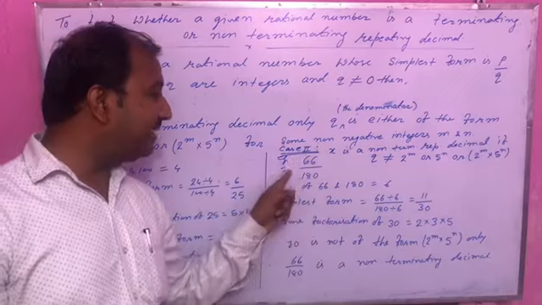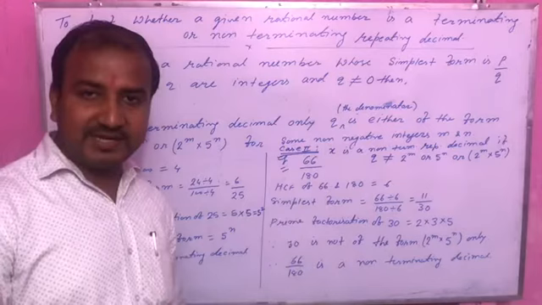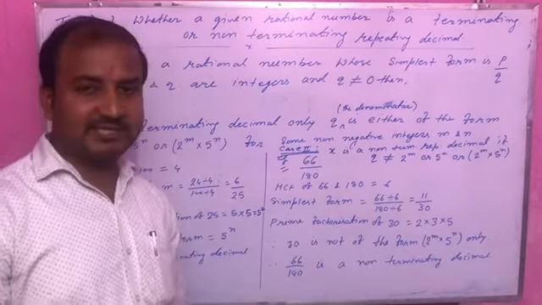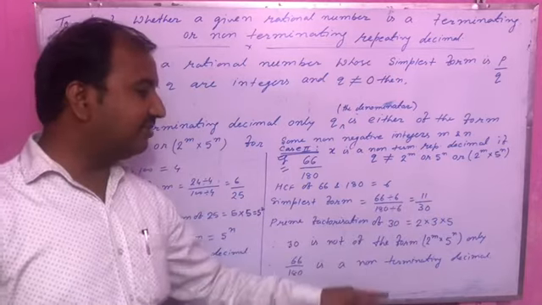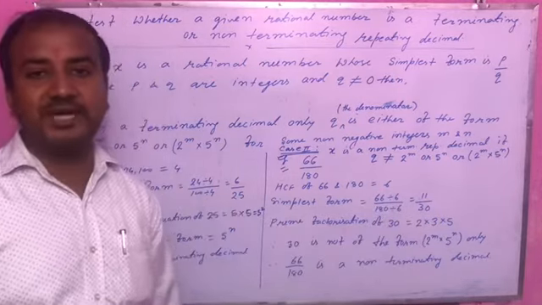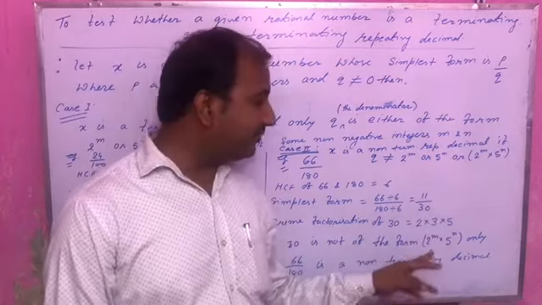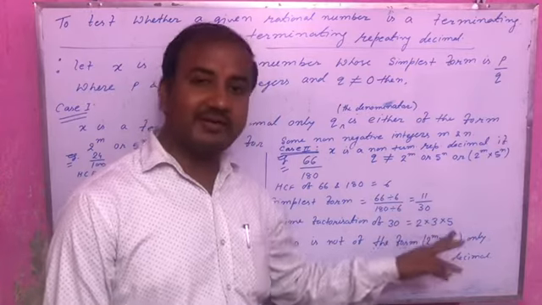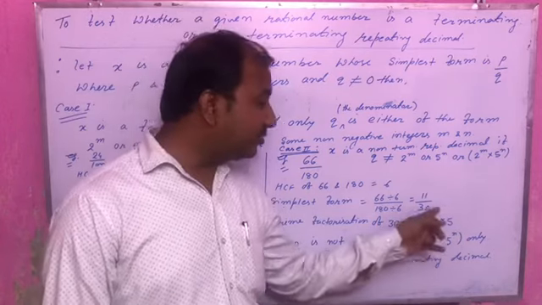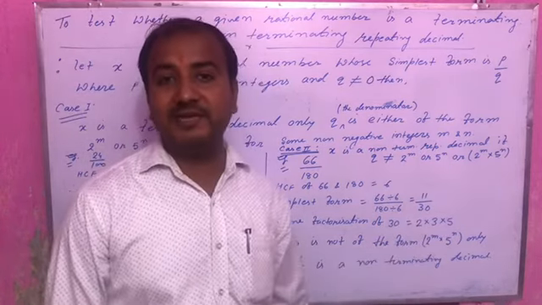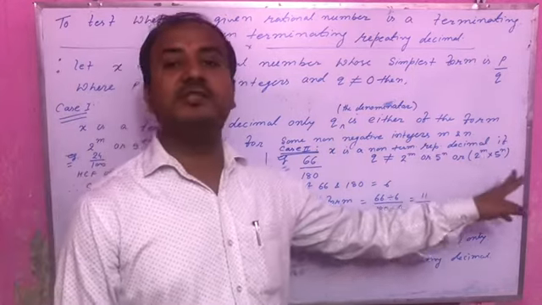Right now here, we have taken 66 by 180. HCF of 66 and 180, you know, is 6. Simplest form, 11 by 30. Prime factorization of 30, as you can see, is 2 into 3 into 5. Actually, the denominator should not be other than 2 to the power m, 5 to the power n.